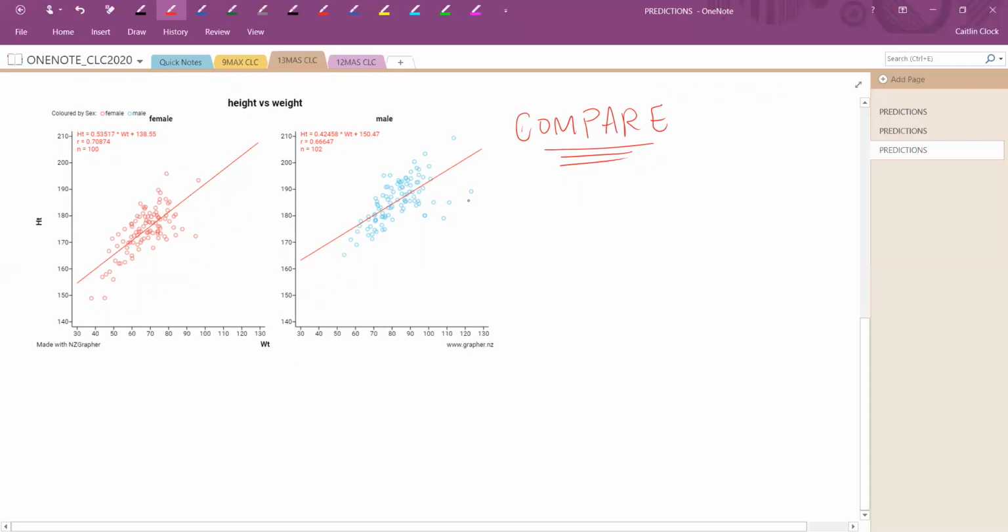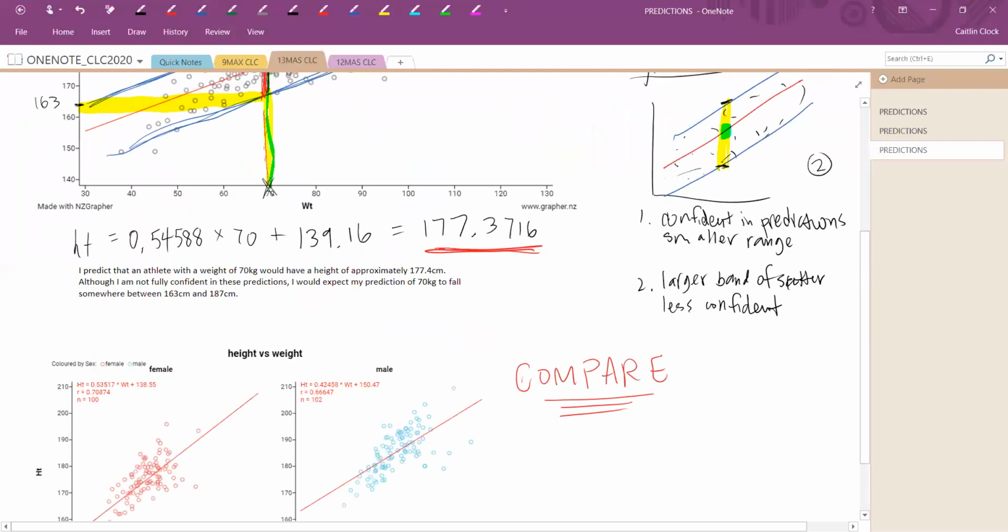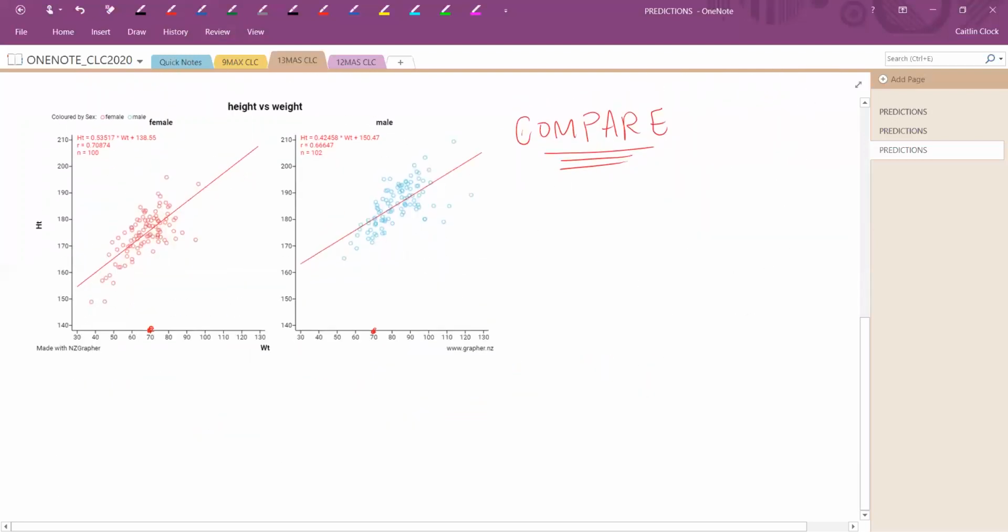You can also then make a prediction, which is what we're going to talk about for each of these graphs now. So you want to make a prediction for the same explanatory variable, which is 70. We predicted at 70 for the first graph, so we want to predict at 70 for this graph.